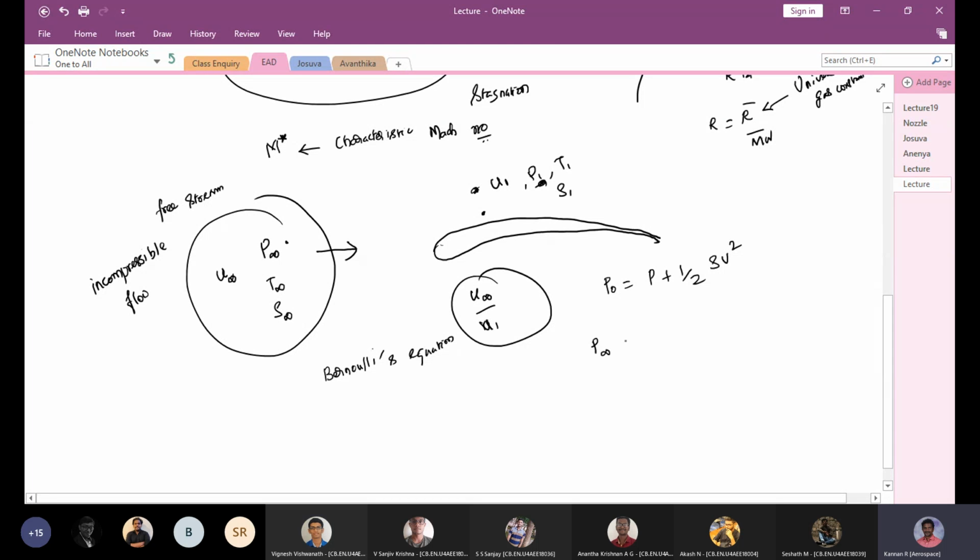Your P infinity plus half rho V infinity square is equal to P1 plus half rho V1 square. So we can write it in any form, in terms of U infinity by U as a velocity ratio.